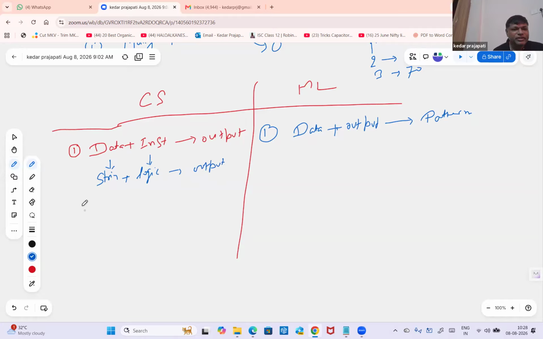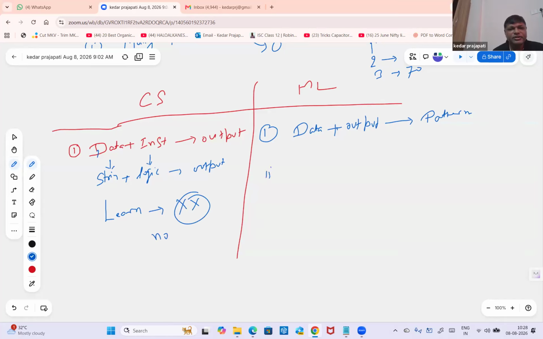So what happens in this scenario? Here the machine, even though you have set up instructions and all, will not learn anything. It will not learn over a period of time. So learning rate is 0 here. No learning.